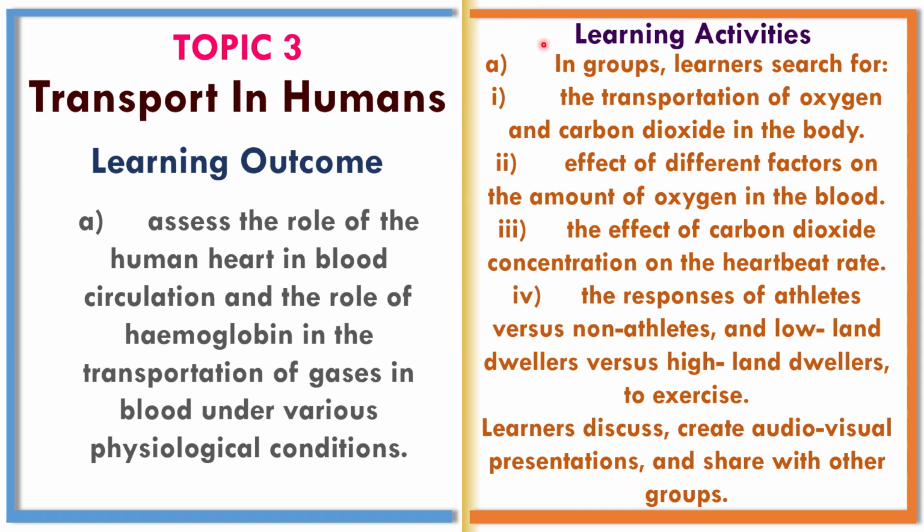We have been looking at learning activity A. In groups, learners search for the transportation of oxygen and carbon dioxide in the body, the effect of different factors on the amount of oxygen in the blood, the effect of carbon dioxide concentration on the heartbeat rate, the responses of athletes versus non-athletes, and lowland dwellers versus highland dwellers to exercises.